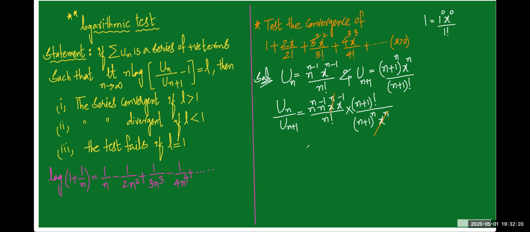which is equal to n power n to the power of minus 1, x to the power of minus 1 by n factorial, into this term we are assuming as n factorial form. It means I am applying this formula: n factorial can be written as n into n minus 1 factorial.